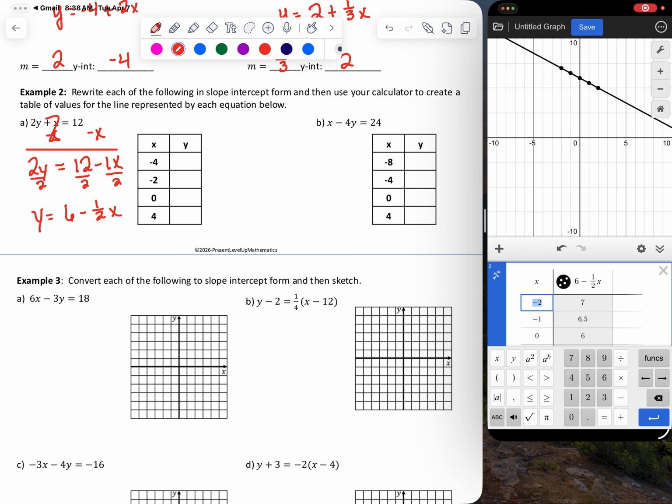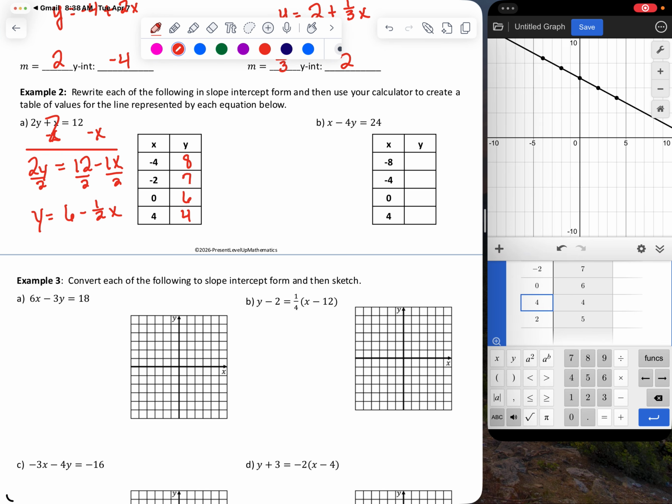So I want my first x value to be -4, and that gives me a y value of 8. I want my next x value to be -2, and that gives me a 7. They already have 0, and then I want my last x value to be 4. So that's how you make a table.